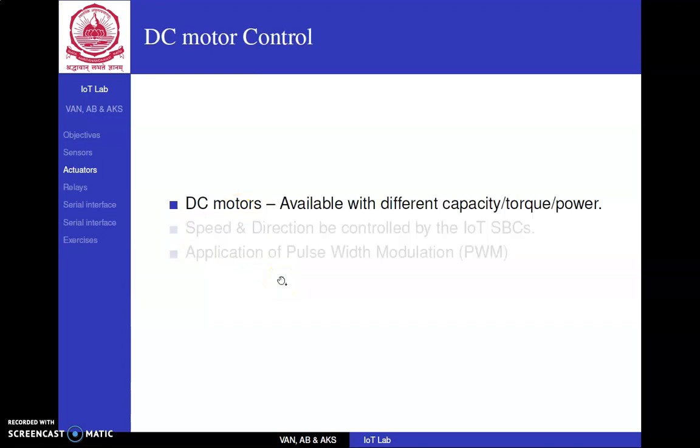So let's get started with DC motors. DC motors are found in most of the toys and mini automated systems. They are available with different capacity, torque, and power. Torque means its rotational capacity, how much weight it can rotate. That is the torque, and we specify it.